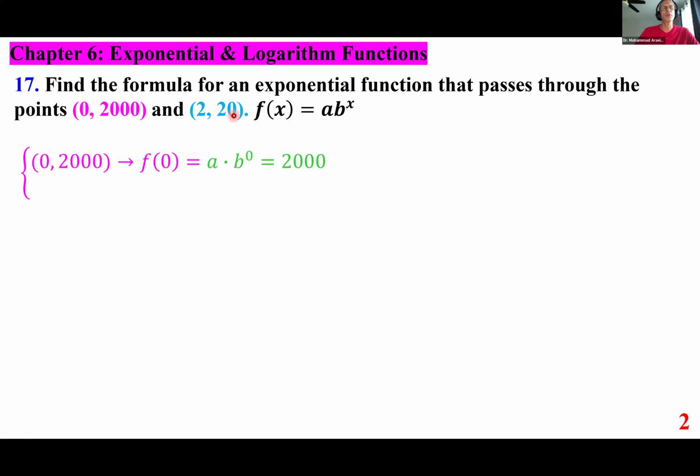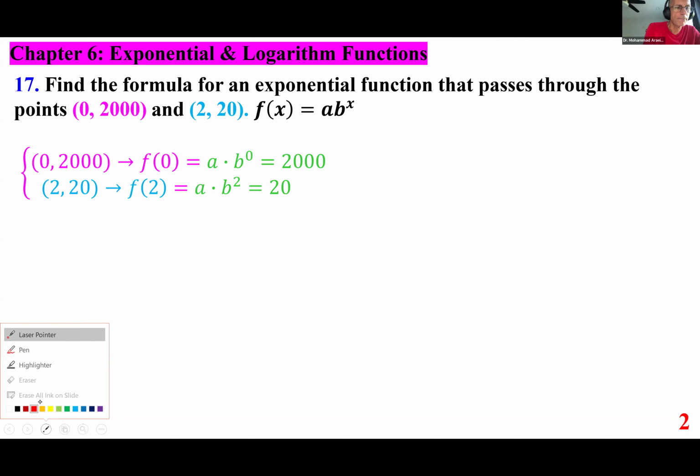So (0, 2000) means f(0), that means a b to the power of 0 is 2000. The second point, (2, 20), means f(2), a b squared is 20, and b to the power of 0 is 1.